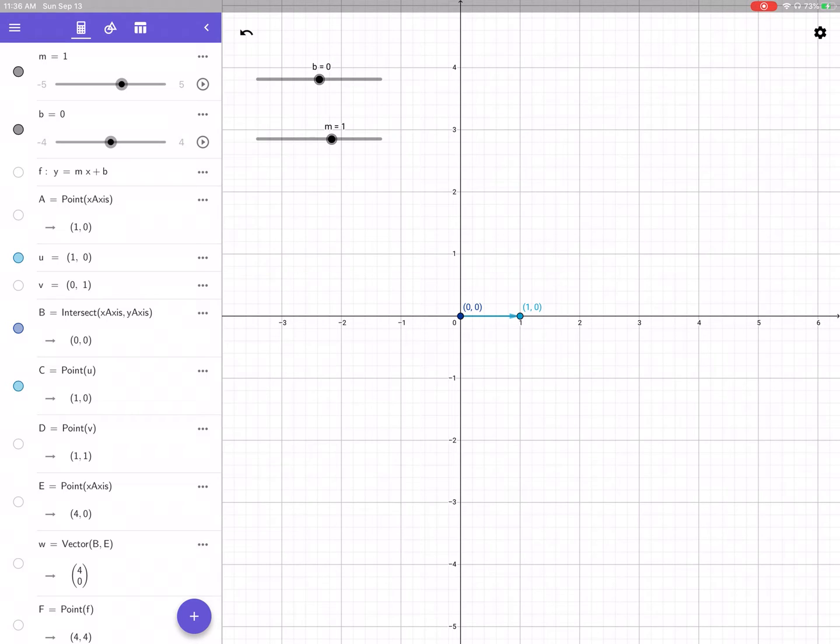So my run will be 1 unit. Now, if we want to talk about the verticals and how they change, let's say we go up 1 unit, and we have a point, we know it's (1, 1) now, because we've gone 1 unit in the positive horizontal direction, and now we've moved 1 unit positively in the vertical.